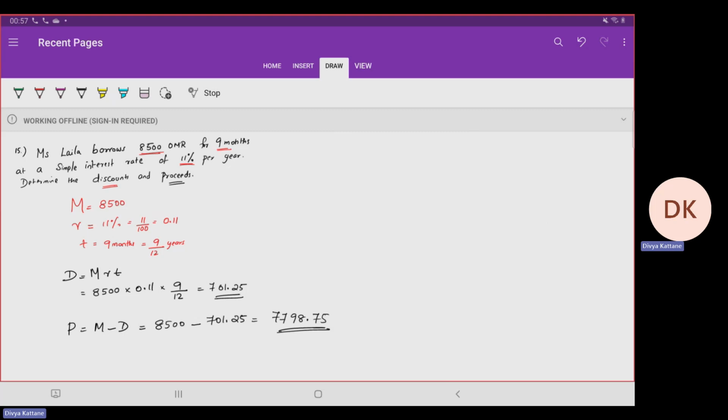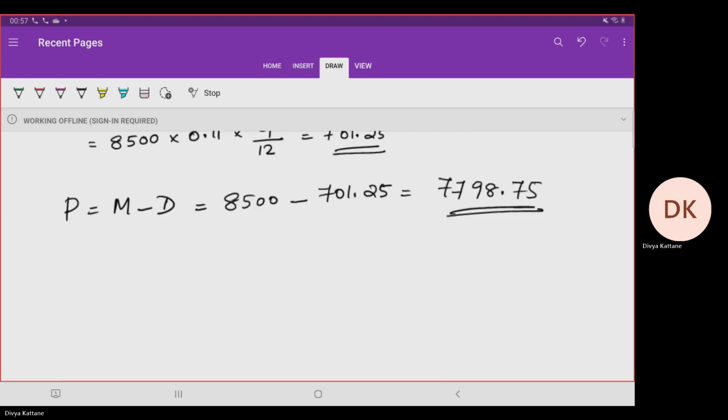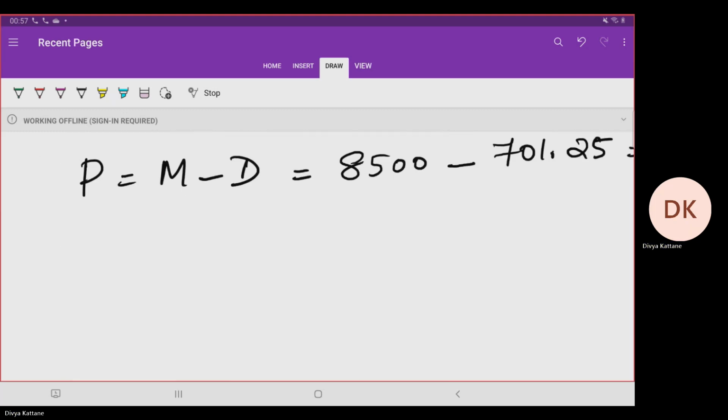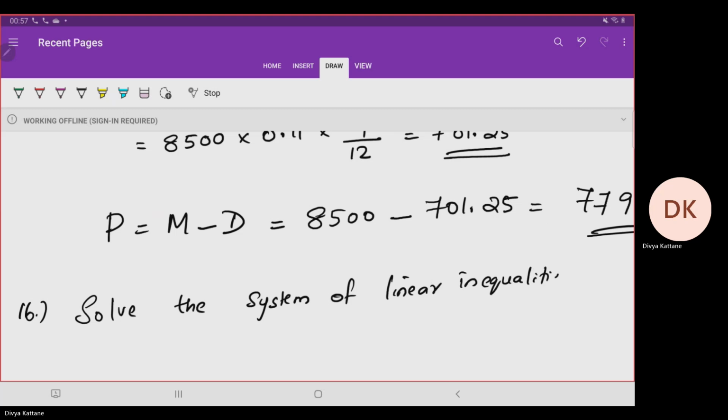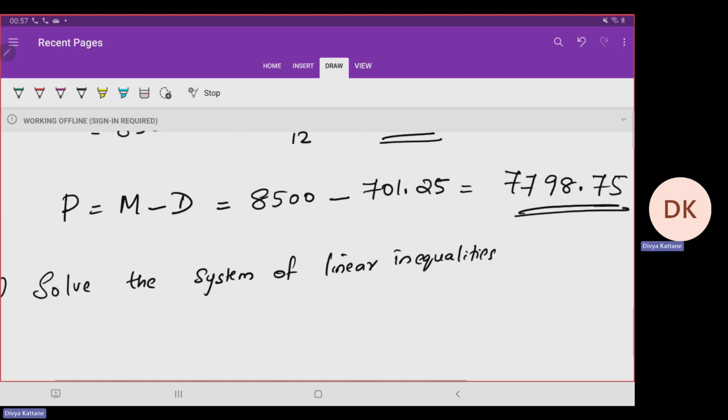Now the next question is: solve the system of linear inequalities.